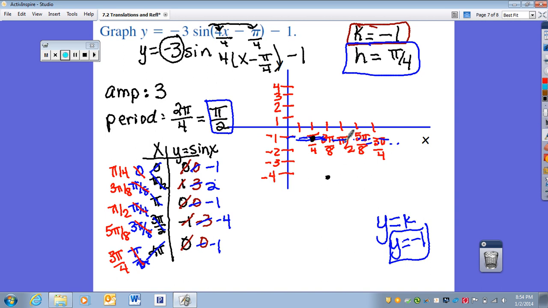Then we're going to go back up to negative 1, and now our 5 pi over 8 is supposed to be 3 units down to negative 4, but we need to reflect that, so we're actually going to go up instead to positive 2, and then we're going to go back down to negative 1. So instead of going up and then down and then up and then down, we're going to go down and then up. We're going to do the reflection.